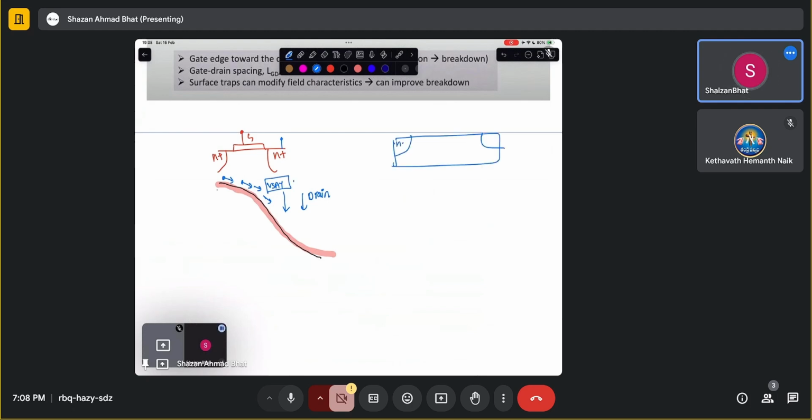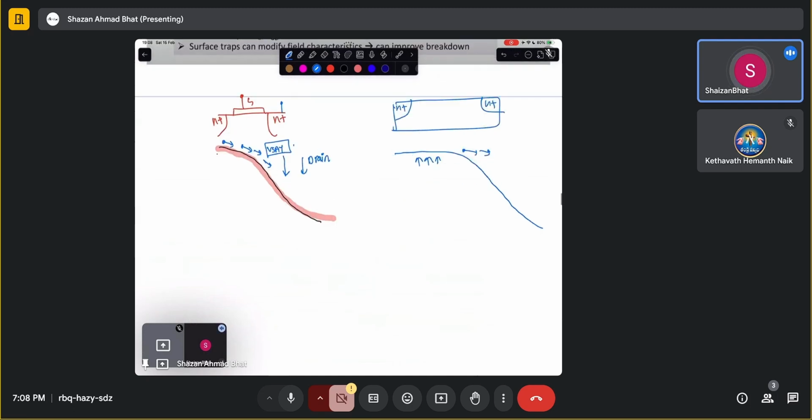If you have a long channel, then it looks something like this. Here the electrons don't move with the saturation velocity. But now if you reduce it, you will see that it will become like this.